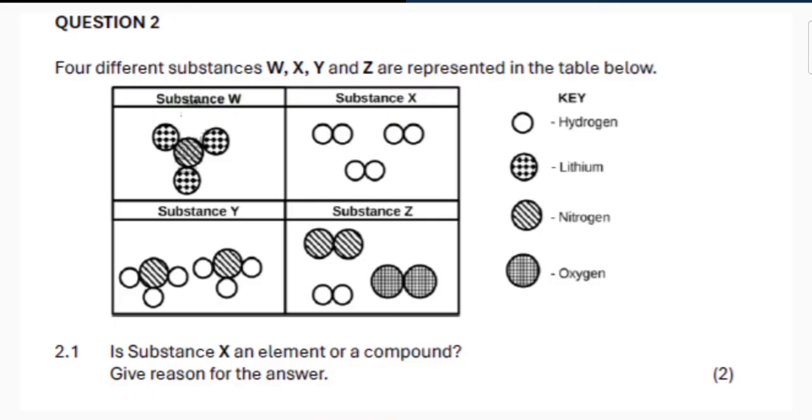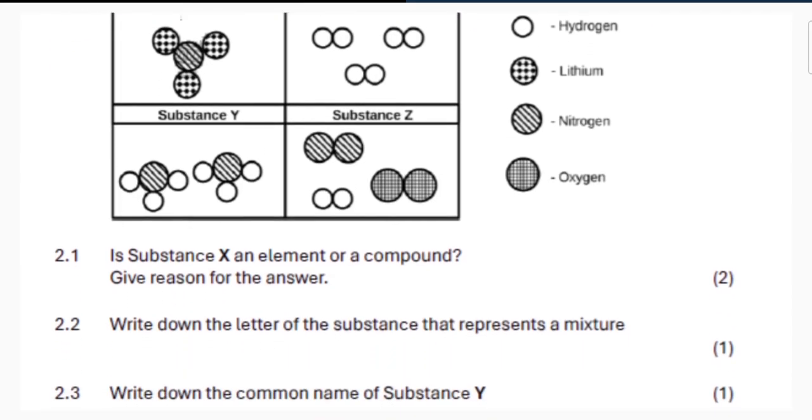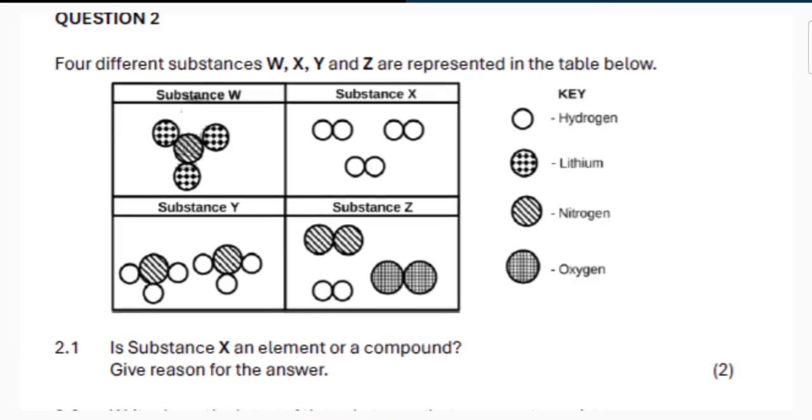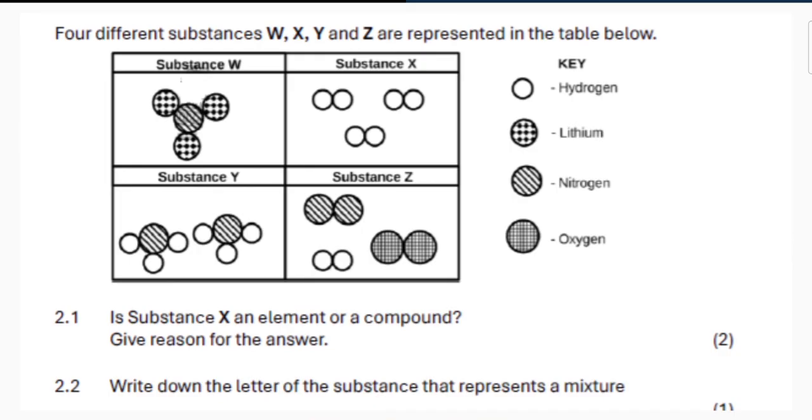The first question: is substance X an element or a compound? You look at the table, and you must give the reason for the answer, and also look at the key on the right hand side there.